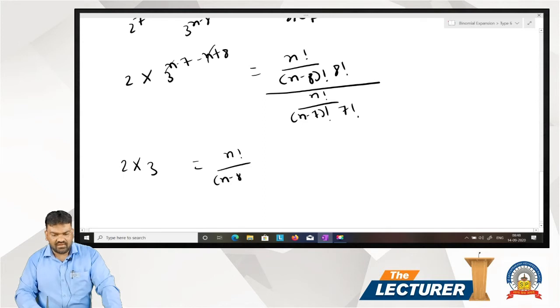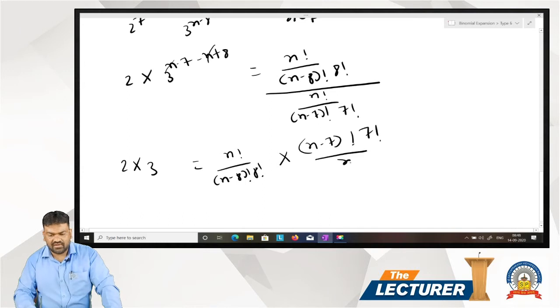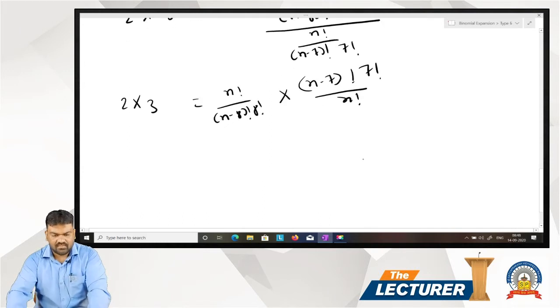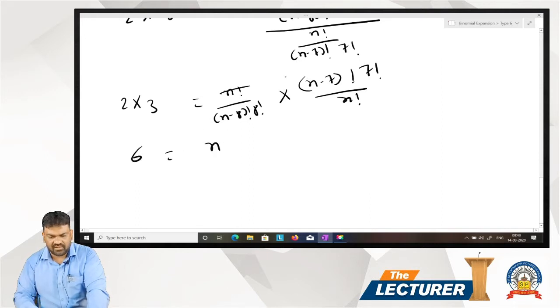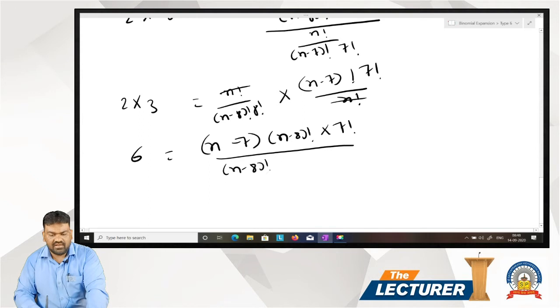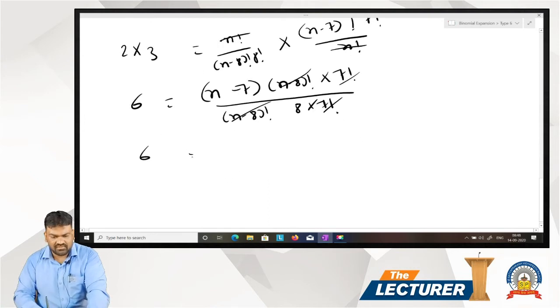So 3 multiplied by 2, that is 6. n factorial cancels, n minus 7 factorial over n minus 8 factorial gives n minus 7, and 8 factorial over 7 factorial gives 8. 7 factorial cancels, n minus 8 factorial cancels. So 6 is equal to n minus 7 divided by 8.